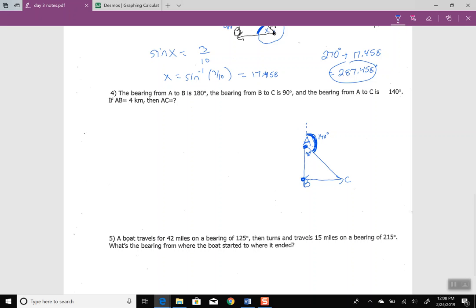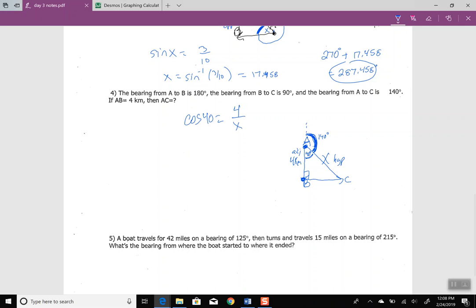It also told me AB is 4 kilometers, and then asked me to find what AC is, the hypotenuse. So here's your 90, here's the hypotenuse. From this angle, this must be the adjacent side. And I want to relate the adjacent and the hypotenuse, so that's going to be cosine. So cosine of 40 equals the adjacent side over the hypotenuse.